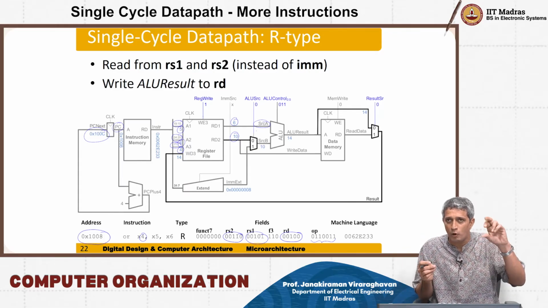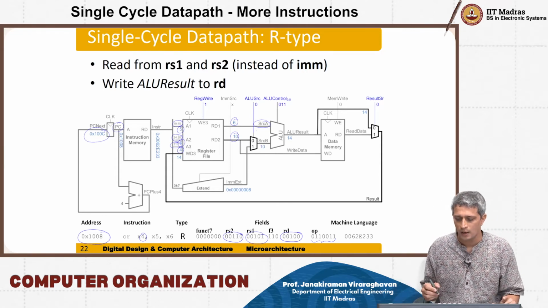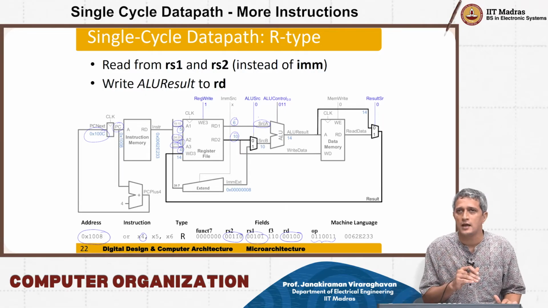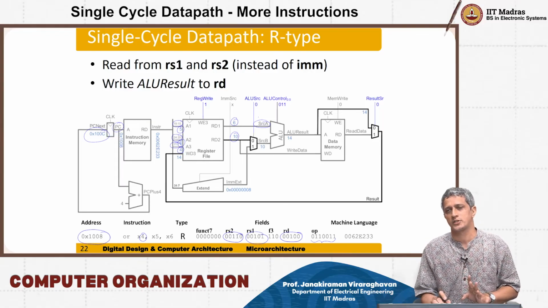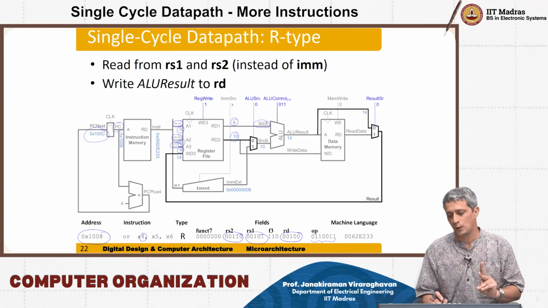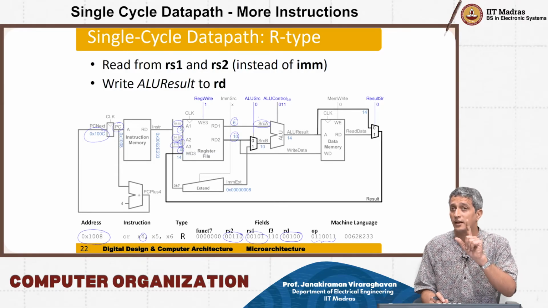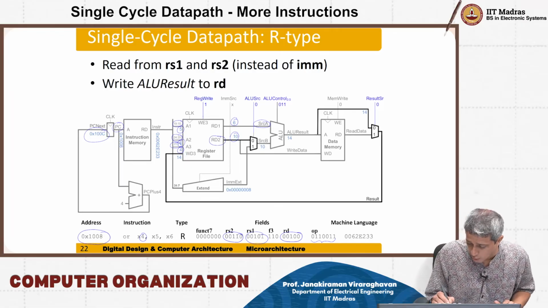That's why it is important to figure out this decoding accurately, right. You got source A there, right. Now source B on the other hand could be one of 2 things. In the last 2 instructions that we saw, load word and store word, it was the immediate data, okay. On the other hand, now it is the register data corresponding to RS2 and therefore it is this RD2.